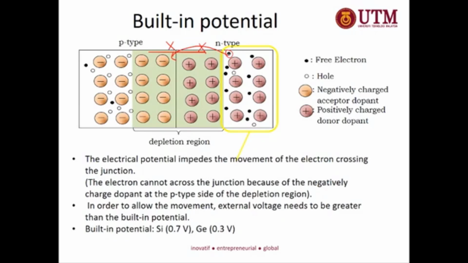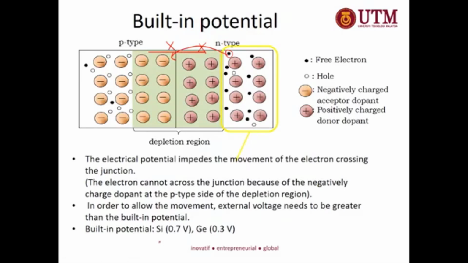How can we allow the electron to move across the junction? By applying an external DC voltage. The applied external voltage needs to be in the opposite direction of the built-in potential, and its value should be higher than the built-in potential.